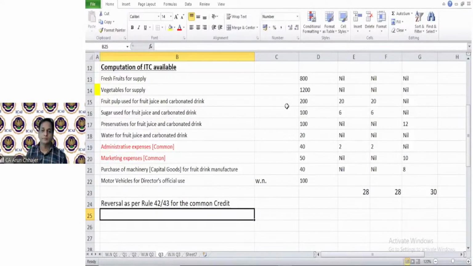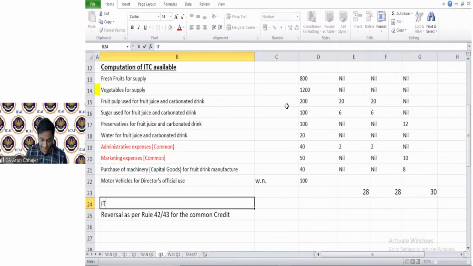Okay. Before that, I would say ITC attributable for taxable and exempt supply.